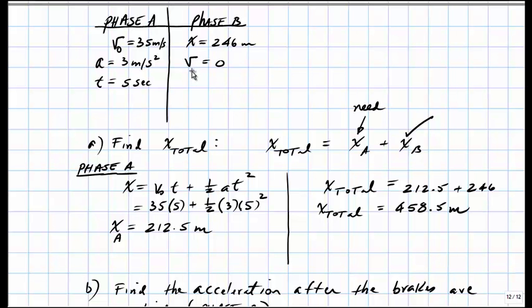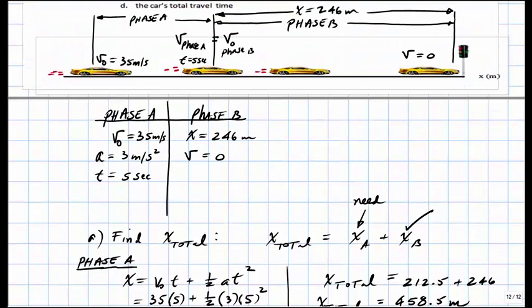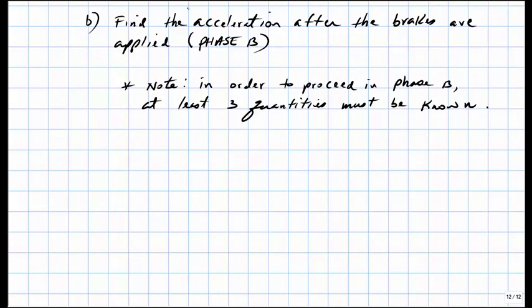And the answer to that is to take advantage of the fact that the final velocity in phase A could be used as the initial velocity in phase B. So what we'll do is we'll go back into phase A and solve for the final velocity within phase A, which we can do because we have 3 known variables within phase A. So let's enter phase A, and we'll find V first.